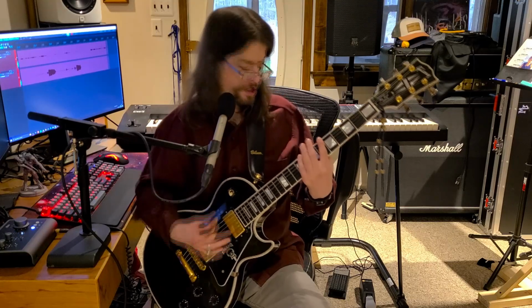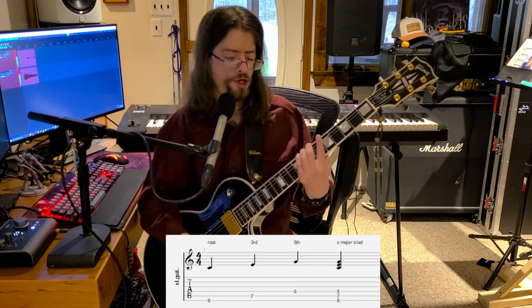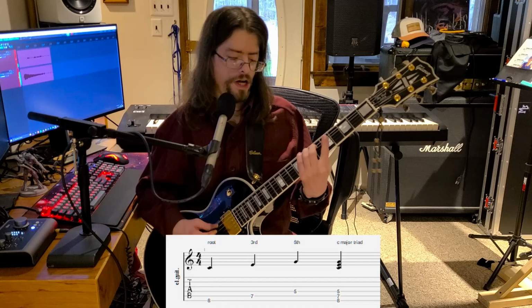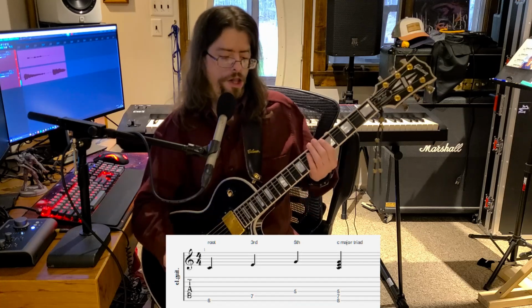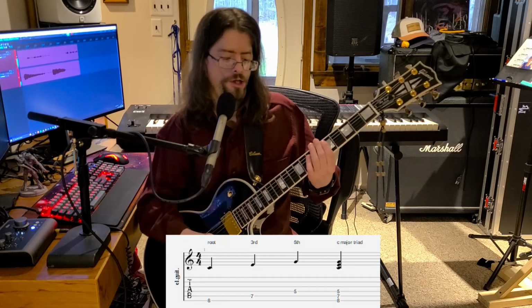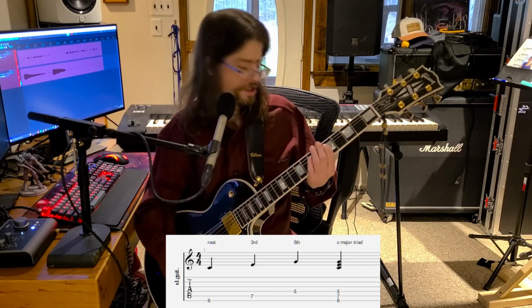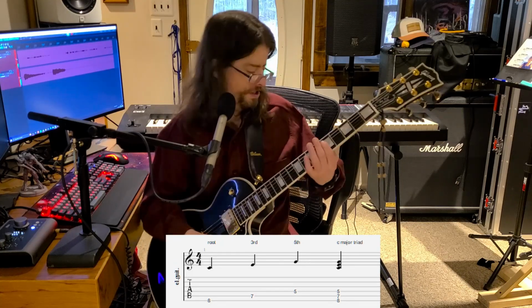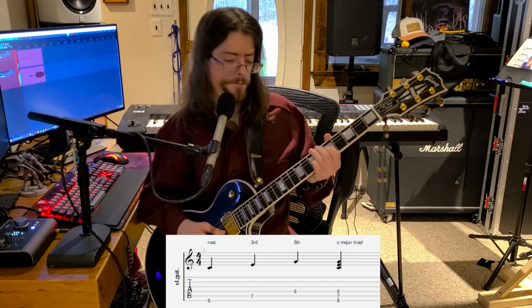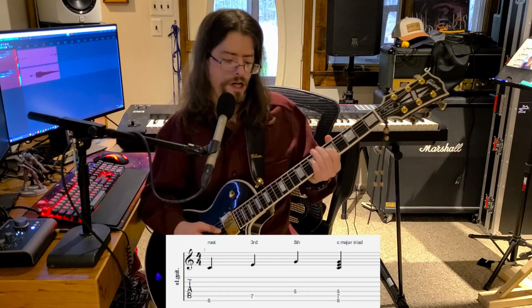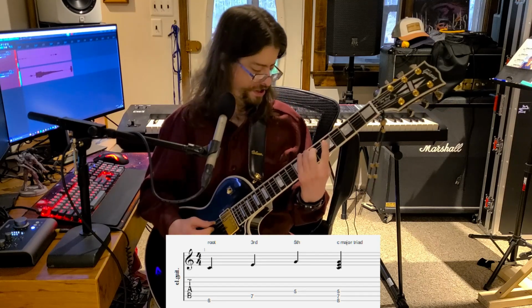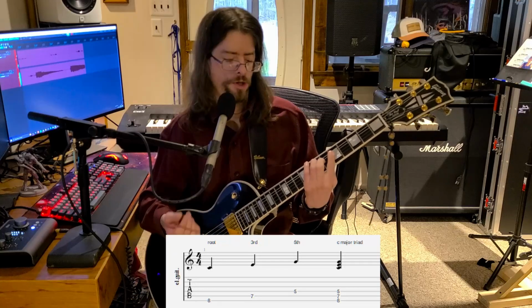So if we're in the key of C major, we'll start on C, and the third note above would be E. The next third after that, which would be a minor third, to keep it diatonic, or in the same key, would be G. And that's your first chord.